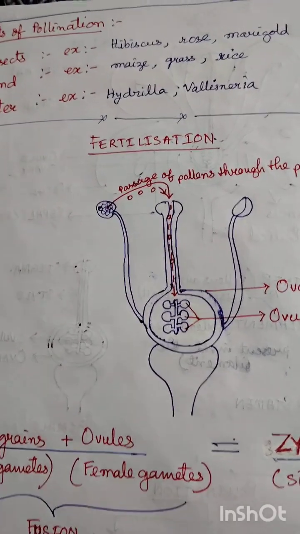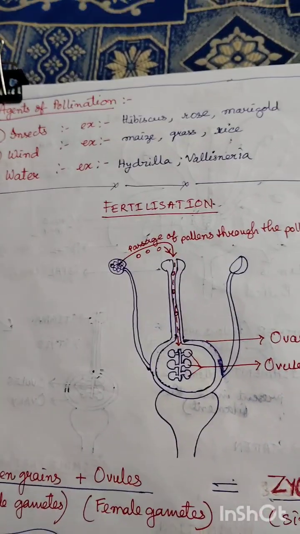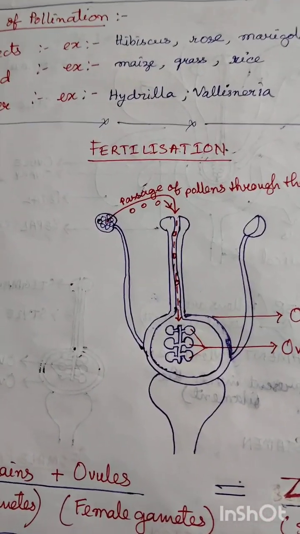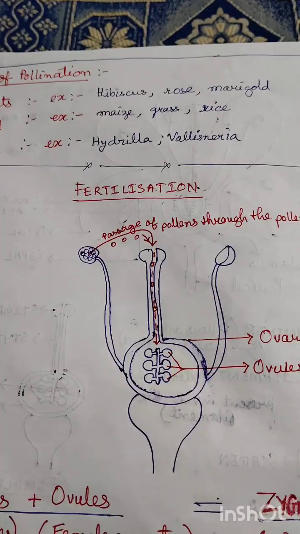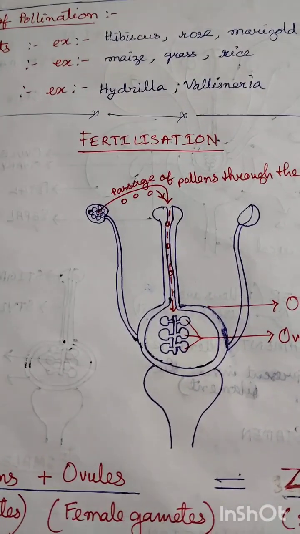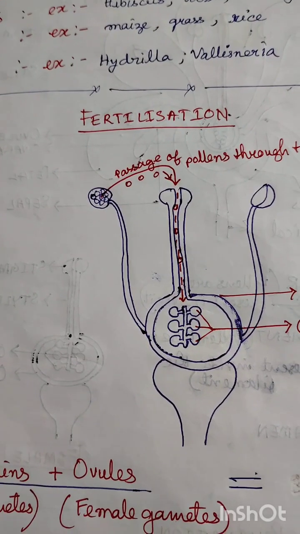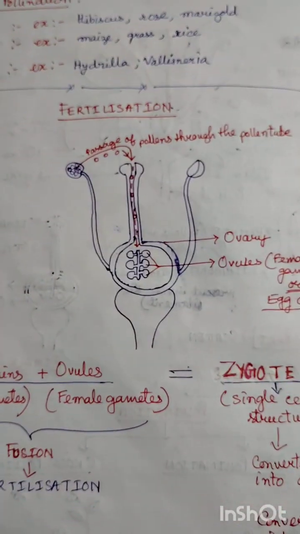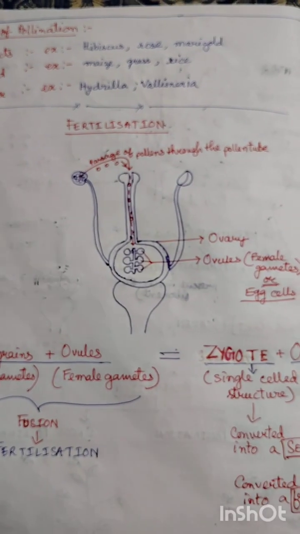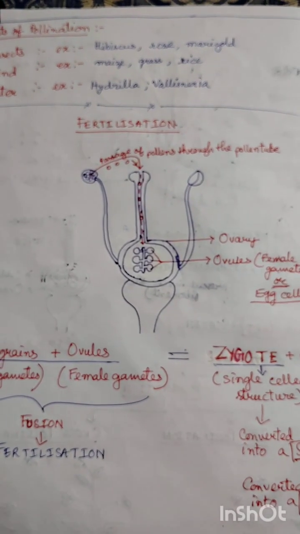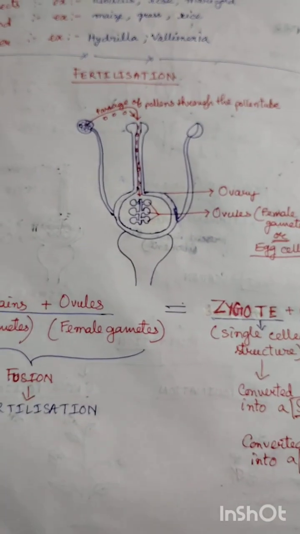Now we are going to the fertilization process. Fertilization is the process through which we can get the fruit. How is it possible? The fusion of the male gamete present in the pollen grain with the female gamete present in the ovary is called fertilization.